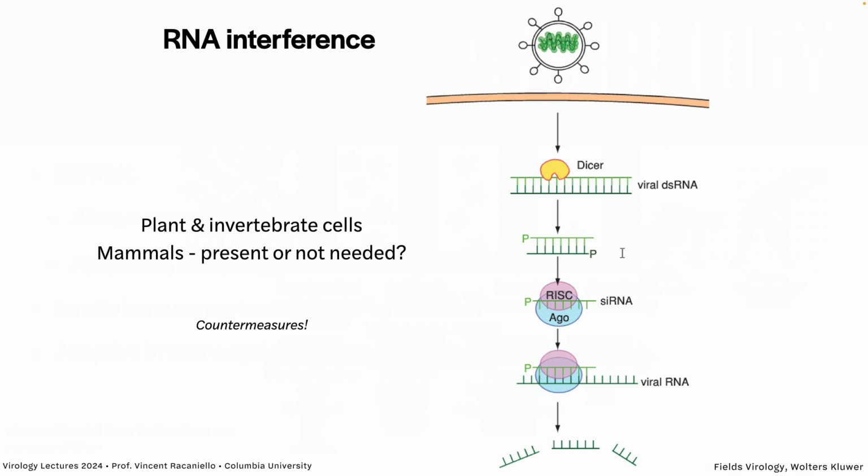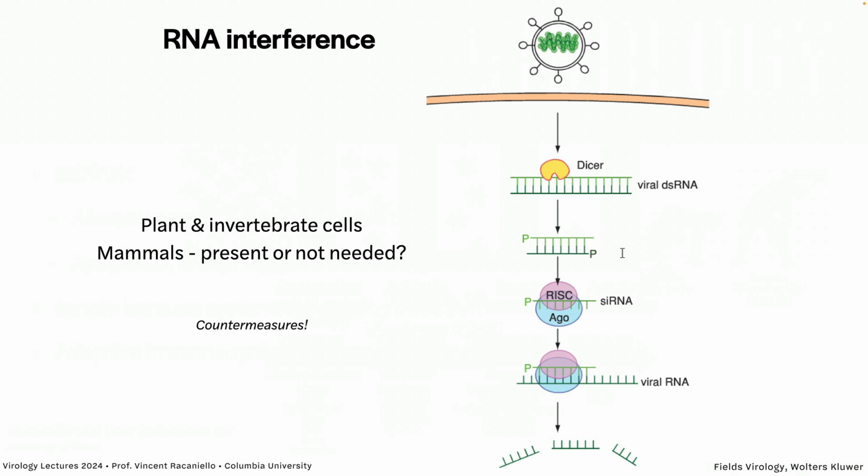Anyway, it's in the form of RNA interference, which is a system inside the cell that takes incoming RNAs, say a viral RNA, and degrades them using a series of host proteins, and then uses those RNAs that are produced to target the viral RNA. So here's some incoming viral double-stranded RNA. It could be viral RNA in the particle, or it could be generated during infection. It is cut by an enzyme called dicer that cuts it into short pieces.